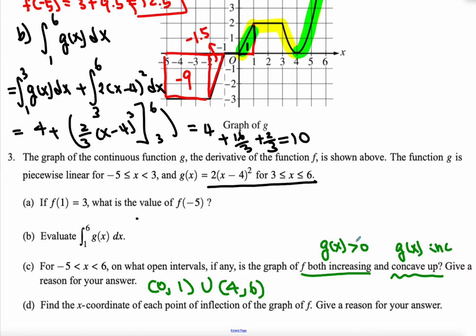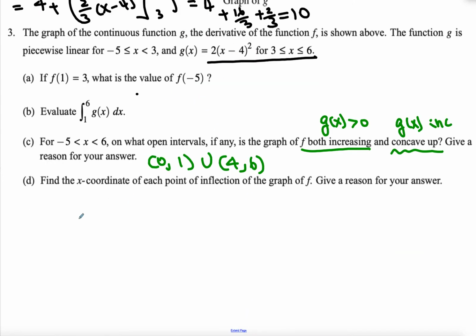All right, let's look at part D. Find the x-coordinate of each point of inflection. A point of inflection is where the second derivative, the concavity, changes, positive to negative or negative to positive.